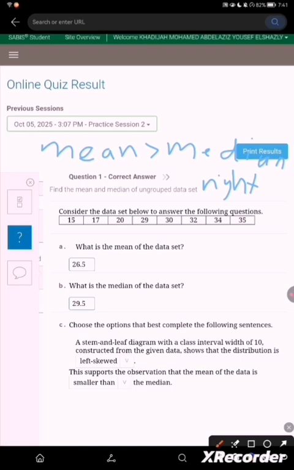So mean greater than median, right skewed; mean less than median, left skewed; and if they're both equal, that means you have symmetric. Okay? This should be something you memorize very well because it's very important that you remember it so you can solve quickly in all of these questions.